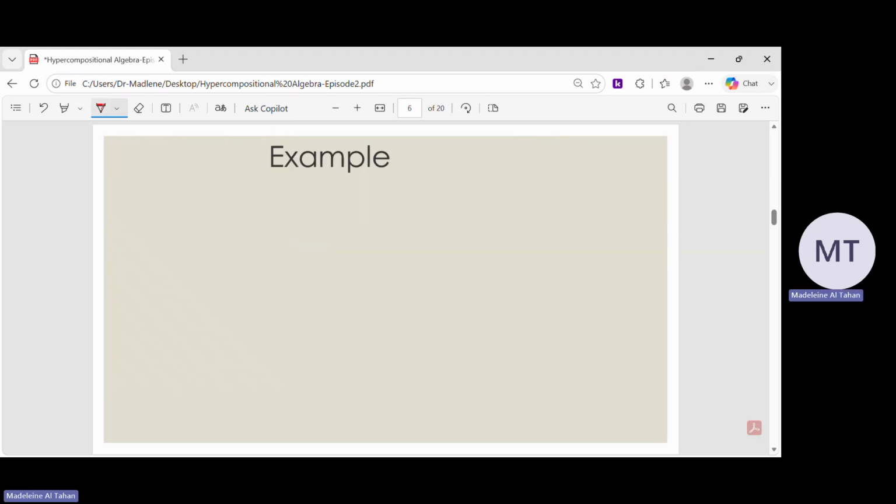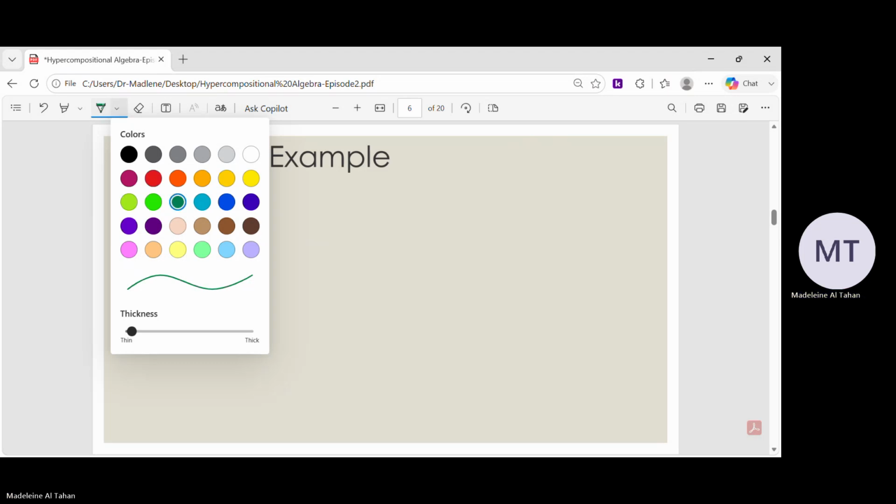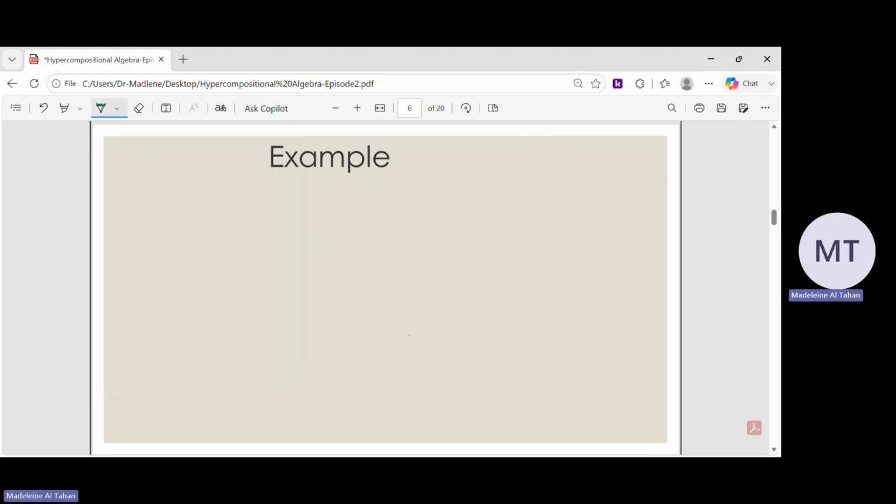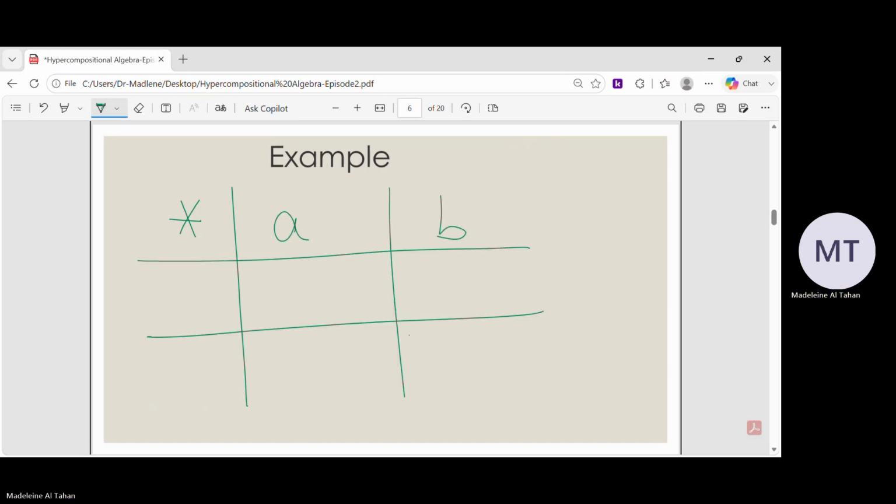Let's give now a concrete example. Let's define this hyperoperation. I will call it star. This is a, and this is b, and this is a, and this is b. Let's say that I will put here b. Now, we said before that it should be a non-empty set, right? Here I put b.